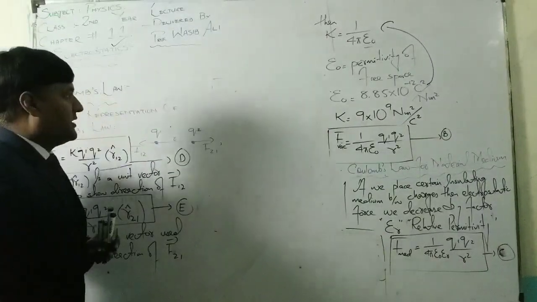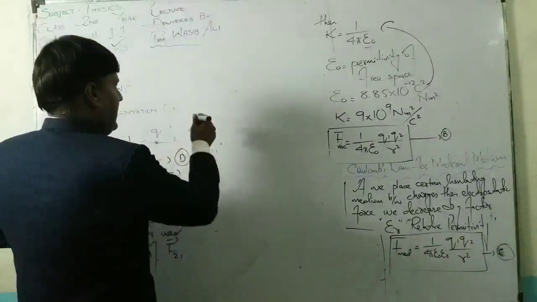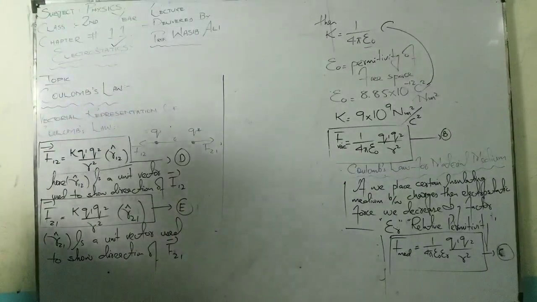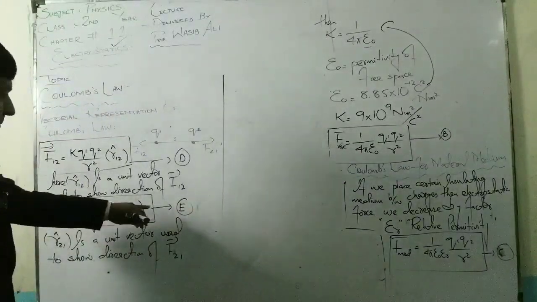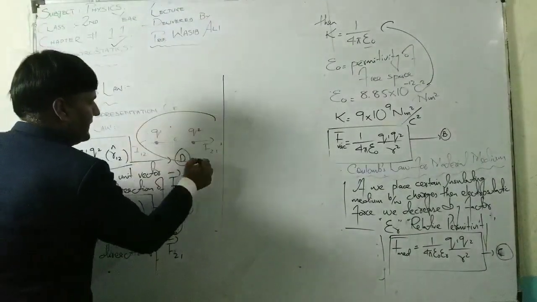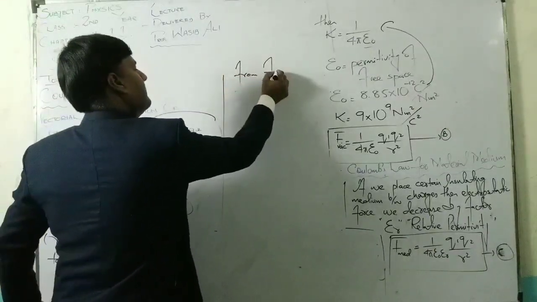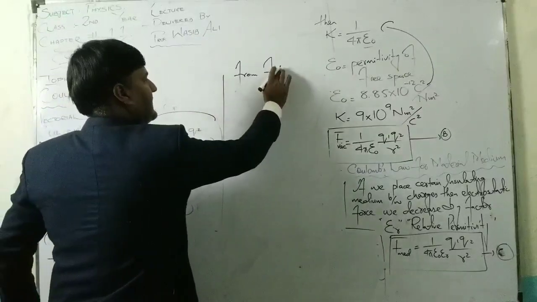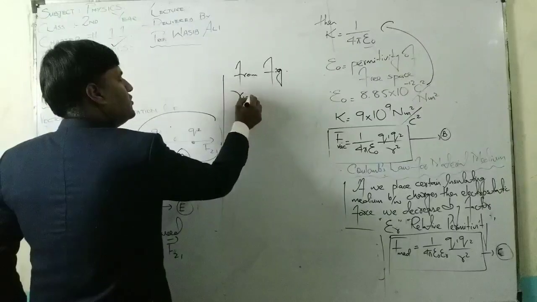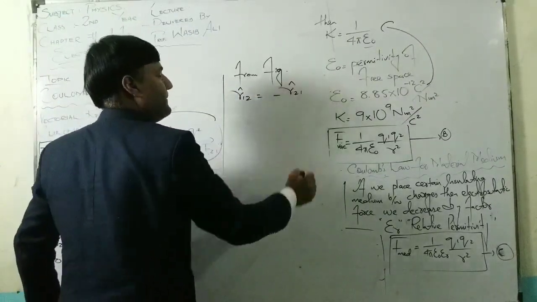Okay, concentrate on the last portion of our lecture. If you look at equation number E and D, I can write it from this figure. Look at this figure. From the figure, I can write R12 cap is equal to minus R21 cap.